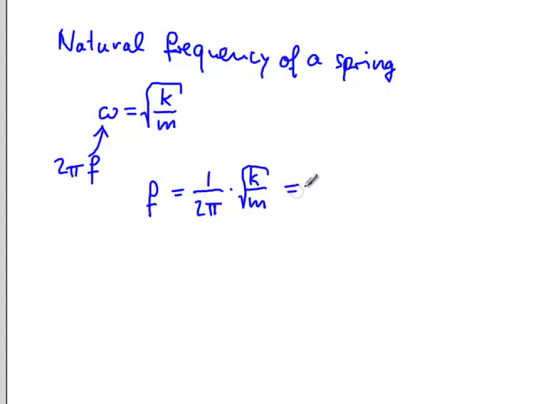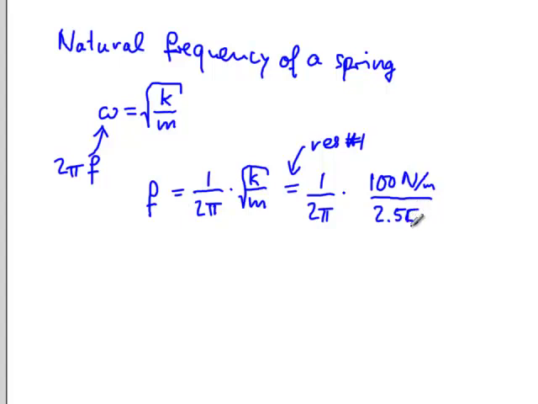And for resonator 1, that would be 1 over 2 pi times the square root of its spring constant, which was rated as 100 newtons per meter, and its mass as 2.533 kilograms.